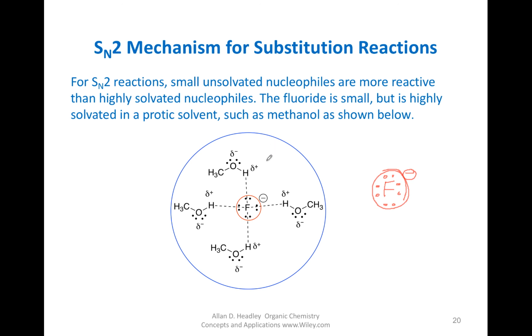Let's explain that concept. Methanol here is a polar protic solvent. So it's polar because of this polar covalent bond, oxygen being electronegative and hydrogen being electropositive, makes this a polar covalent bond. And of course, as you know, methanol is a polar molecule. In addition, this hydrogen is behaving as a proton.